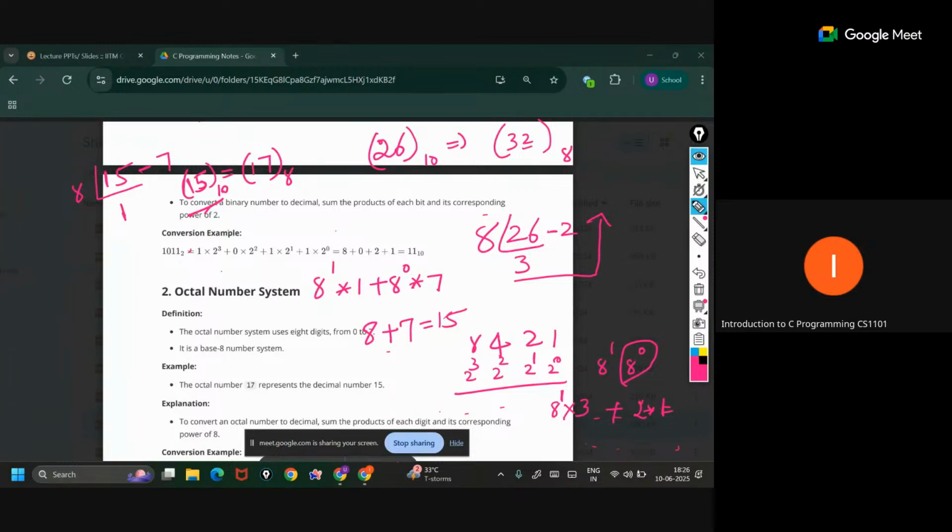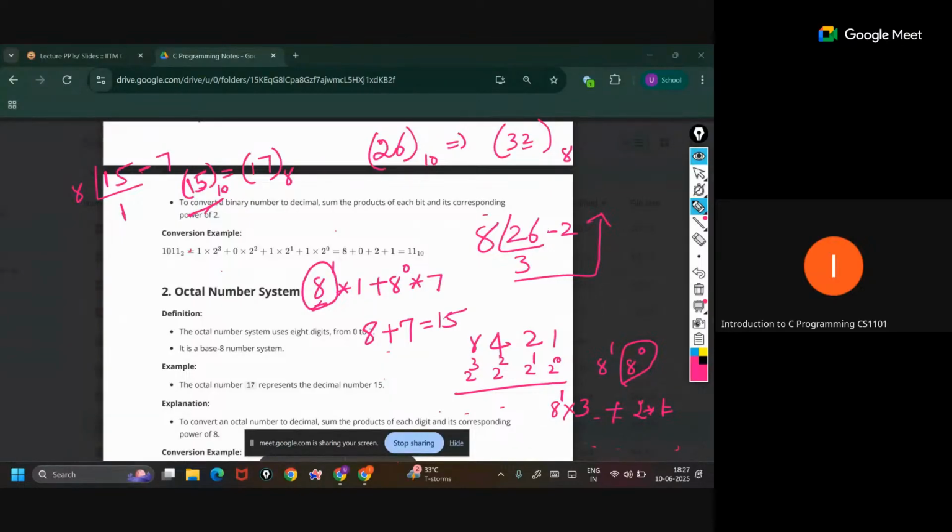Is it clear to you all? Yes, ma'am. Okay. Generally, if I'm taking a number base 8, what are the possible values for the digits? In binary, we know it's zeros and ones only.